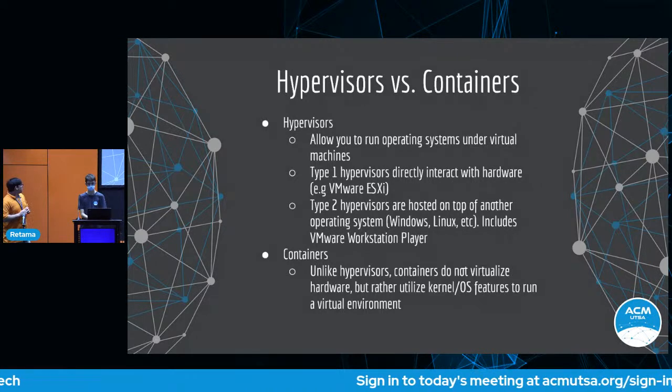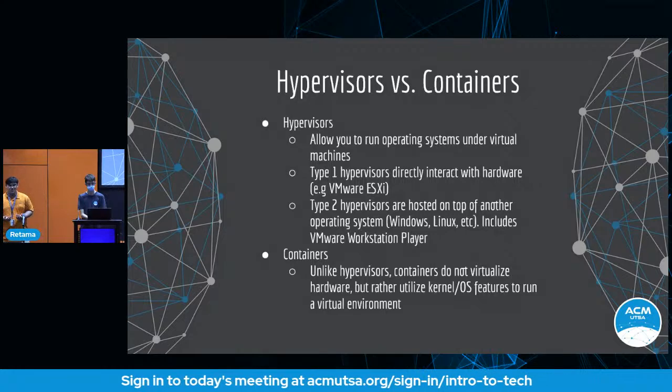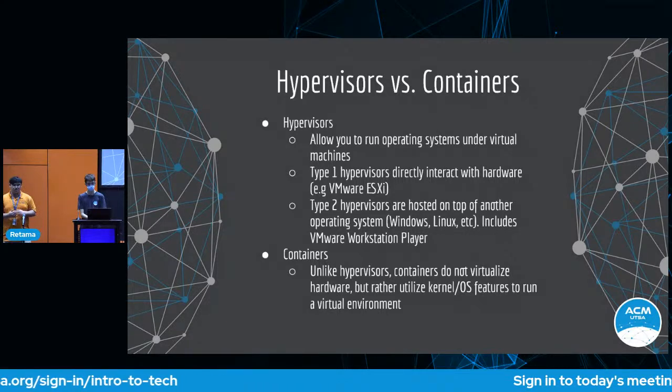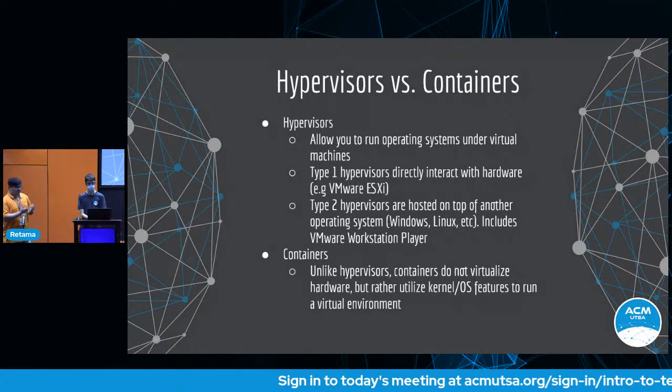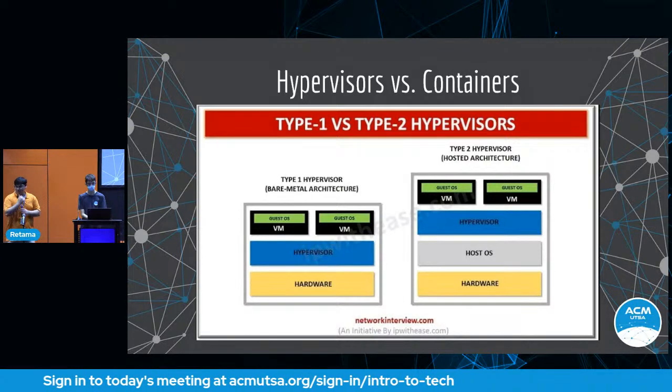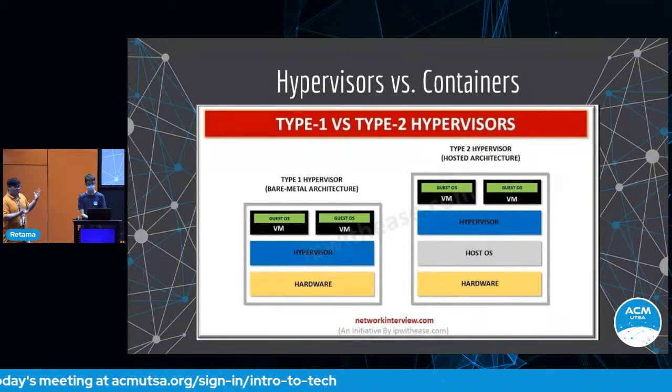And with containers, the main takeaway I want you to get is what I previously mentioned: containers virtualize the OS of your system. Hypervisors virtualize the hardware of your system, in terms of the RAM, the memory, and things like that. So this is what type 1 and type 2 hypervisors look like from a visual perspective.